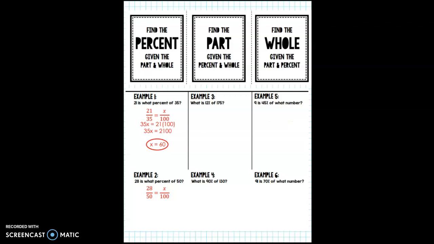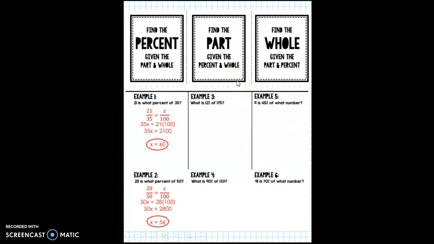Multiply across, 50x equals 28 times 100, then divide by 50. 28 is 56% of 50. Another way of thinking of this problem is taking the part, dividing by the whole, times 100. Again, that's the part divided by the whole times 100.